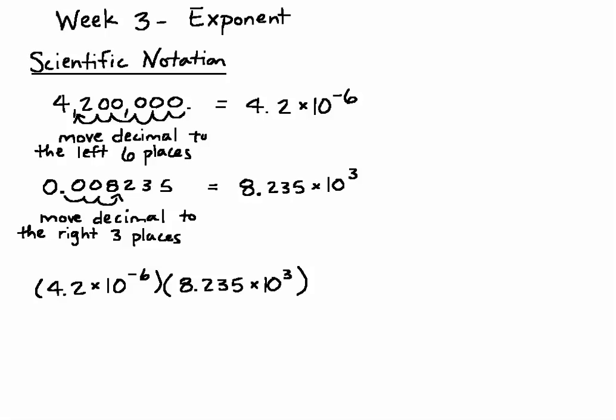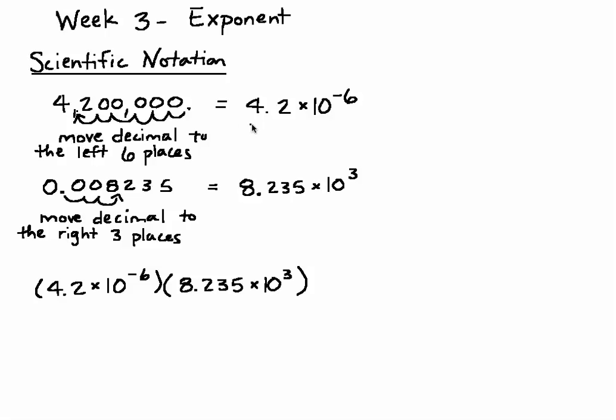And in scientific notation, notice my examples here. I've got 4,200,000. To convert it to scientific notation, I started with my decimal and I moved it to the left 6 places in order to get my decimal behind the first non-zero digit.